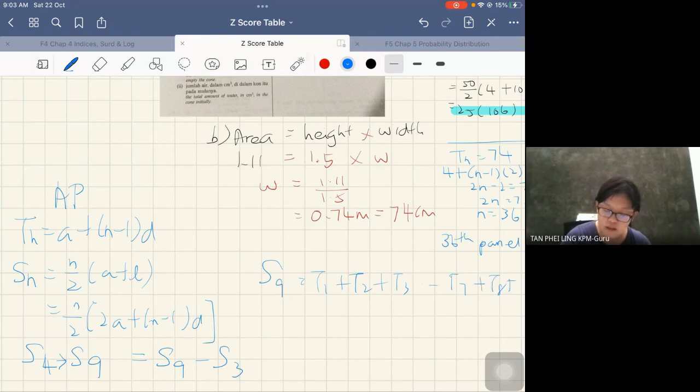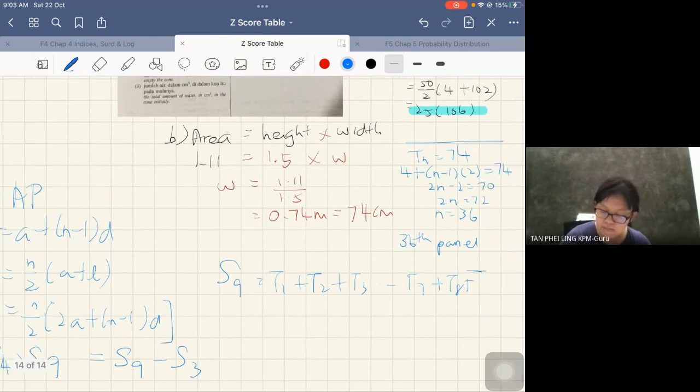If they want only T4 up to T9, which means they are not interested in these first three, that's why you take S9, the sum of the first 9 terms, minus the sum of the first 3 terms.